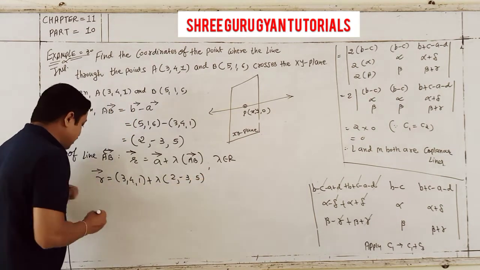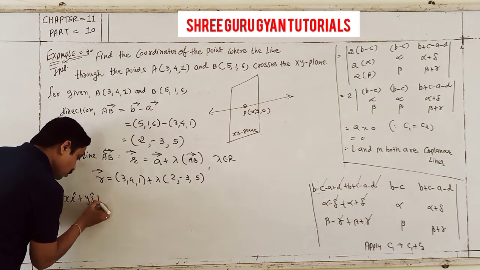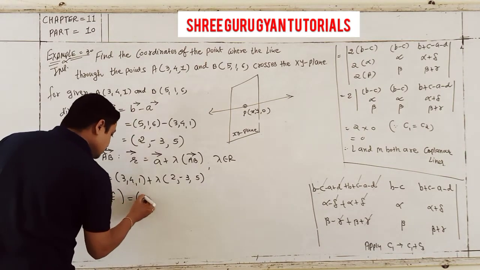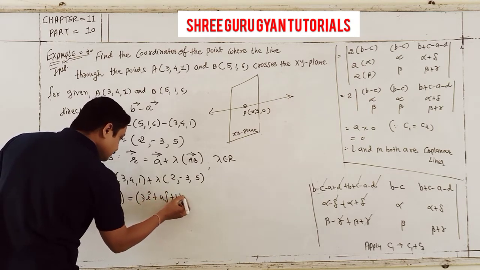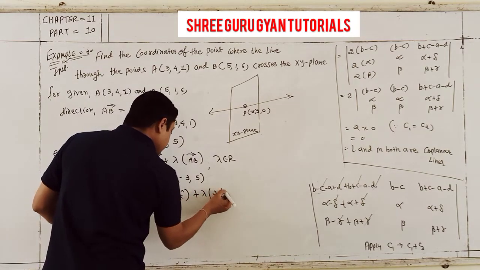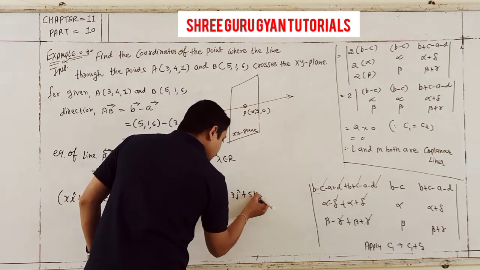I will show this equation in xi plus yj plus zk. On this side also, 3i plus 4j plus 1k, and here lambda times 2i minus 3j plus 5k.